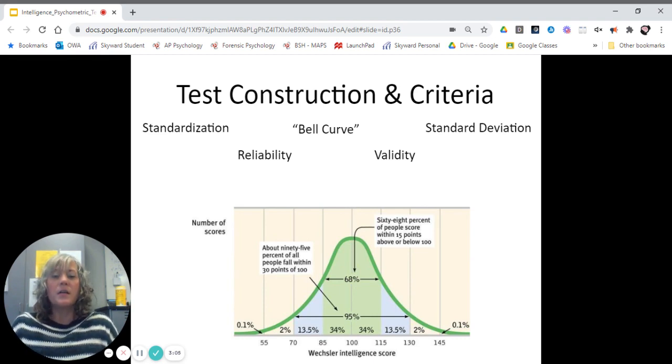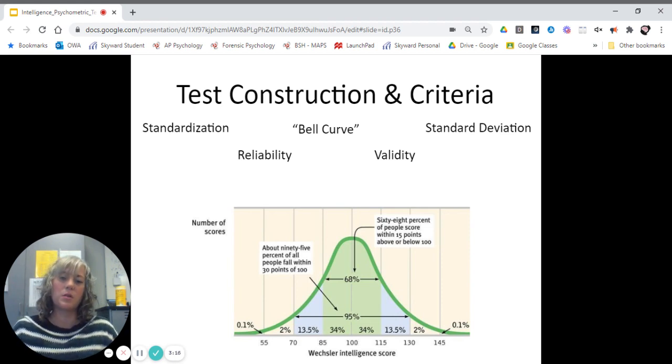And so 68% of people who take this test are going to fall between 85 and 115. So it's one standard deviation below and one standard deviation above. And then 95% of people are going to fall within two standard deviations of the mean, between 70 and 130, because a single standard deviation, based on how much all of the scores range around that mean, is 15 points.